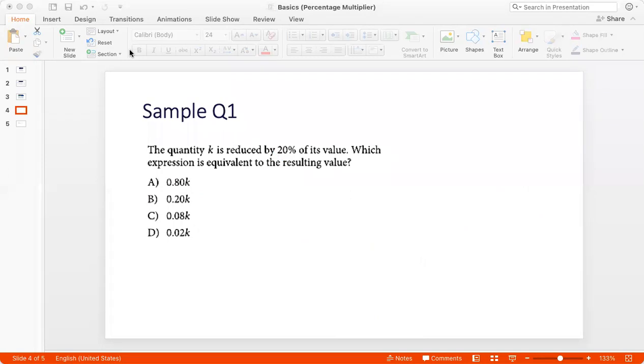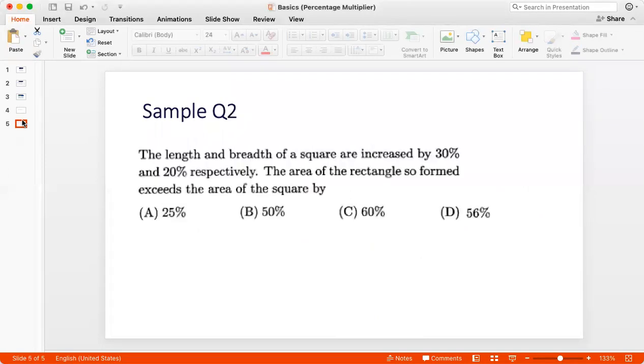Okay, let's apply this to a word problem. The length and breadth of a square are increased by 30% and 20% respectively. The area of the rectangle so formed exceeds the area of the square by how much? So let's say the length and the breadth of the square, so they will obviously be equal. So let me just call it L. So the length is increased by 30%.